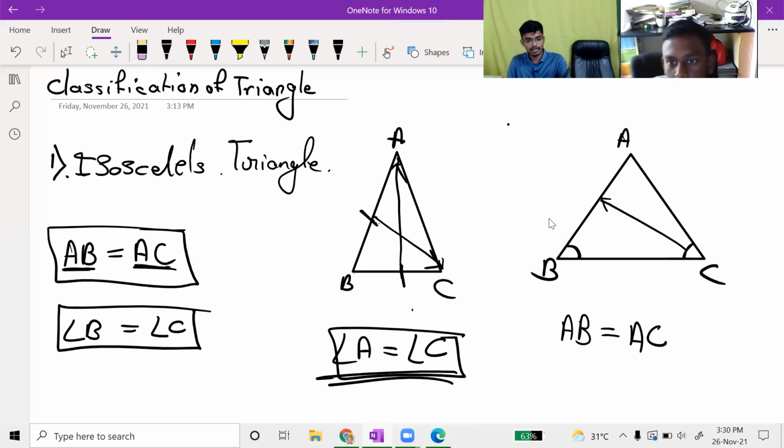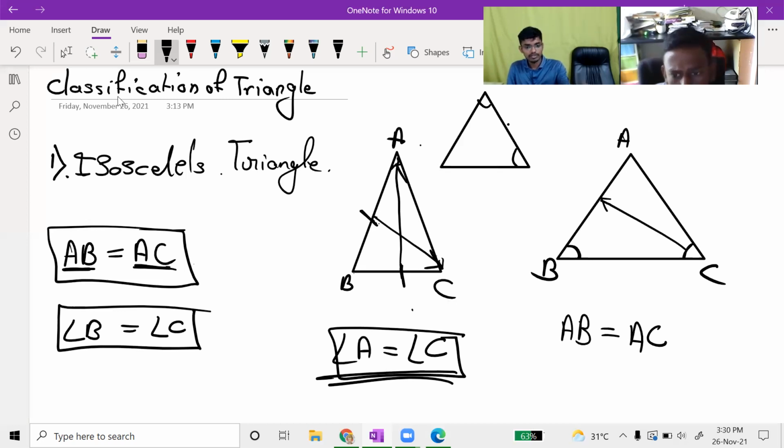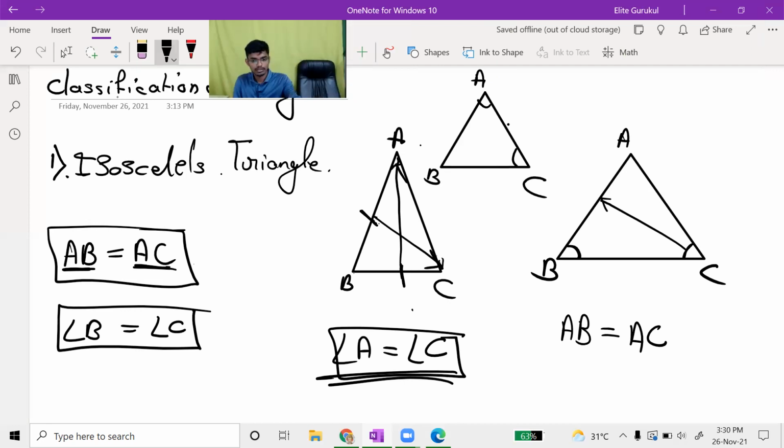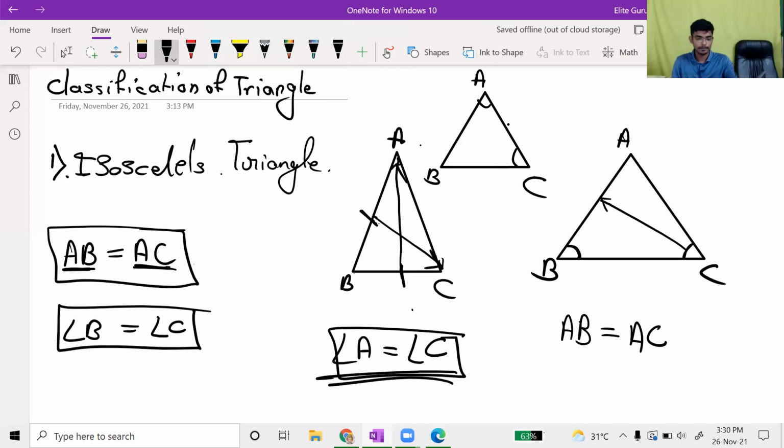And again one, the last one. If this is a triangle, this is one angle and this is one angle, and both are equal to each other. The name of these angles are A, B, and C. Now tell me which sides will be equal?